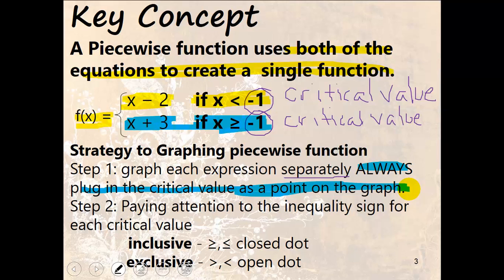Then you're going to pay attention to the inequality signs, and you're going to use that rule inclusive. You're going to use a closed dot for greater than or equal to, less than or equal to, and then you're going to use an open dot whenever you have just the exclusive, just greater than or less than.